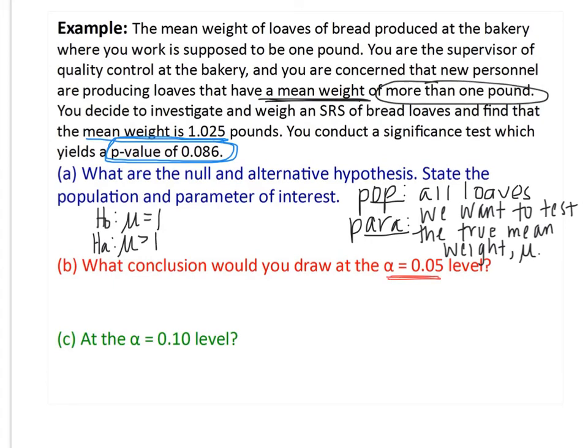Well, if alpha equals 0.05, and I think about my p-value and alpha, a p-value of 0.086 is greater than 0.05.